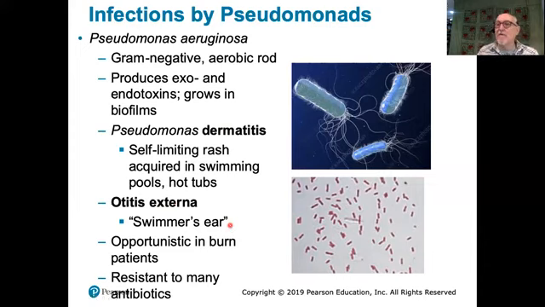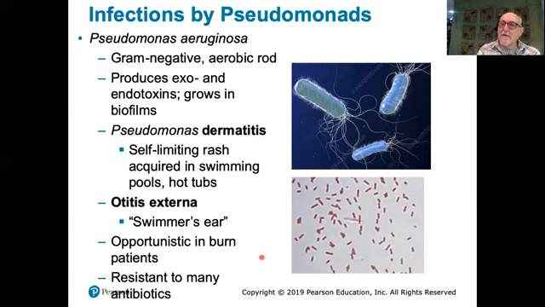That is infection of the ear canal, and again, this is relatively easily treated, largely because it's actually external. It's not internal, it's just causing inflammation on the surface of the ear canal.